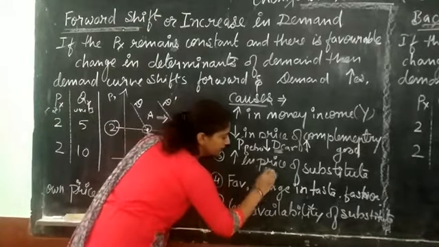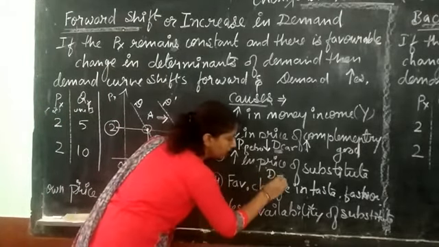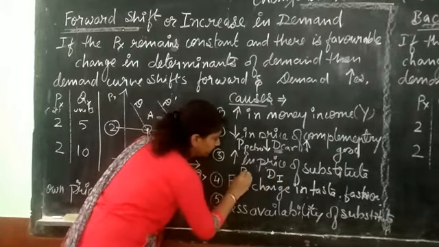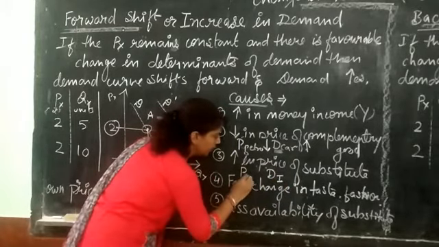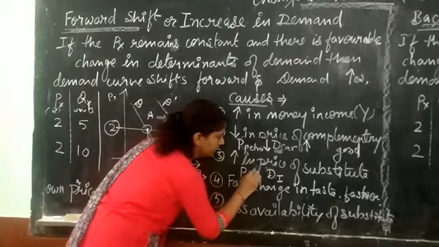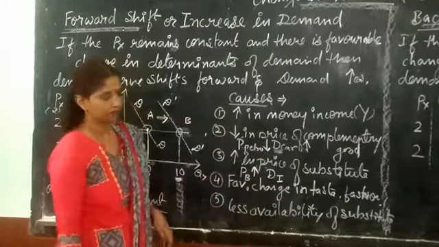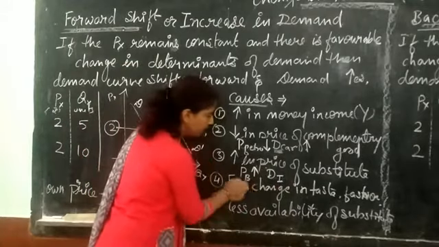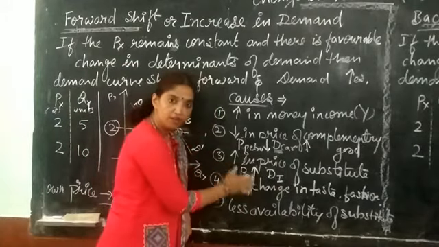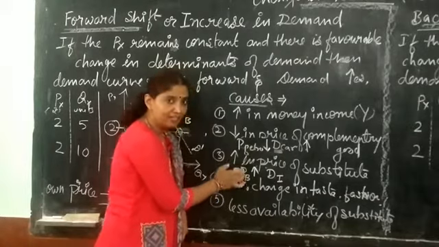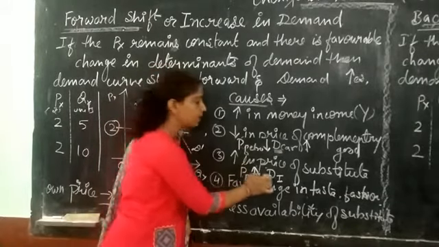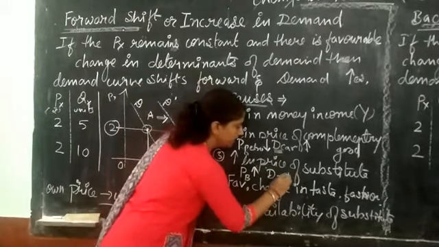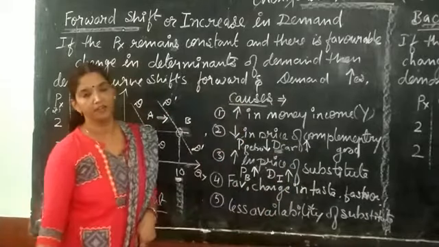If we consider the demand for ink pen, then we assume that the price of ballpoint pen rises. Then the ballpoint pen will be costlier for consumers, and in that condition consumers prefer ink pen and they will increase the demand for ink pen.